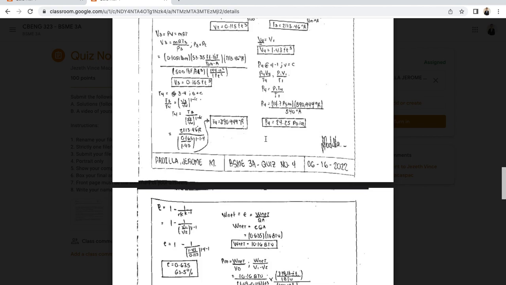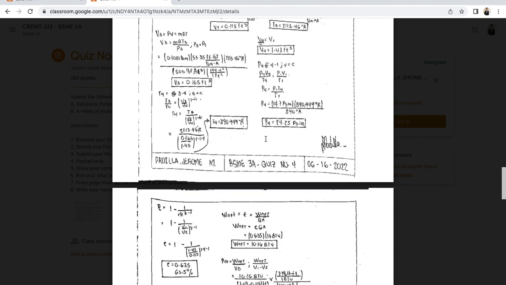Yung nakuha nating answer or value is 0.165 cubic feet for V3. So yung V4 is same value lang sa V1, which is 1.43 cubic feet.